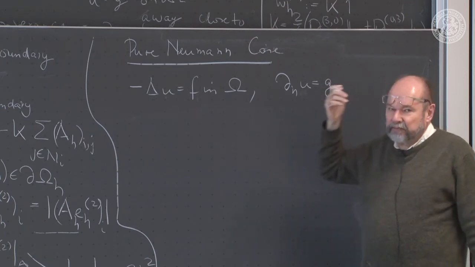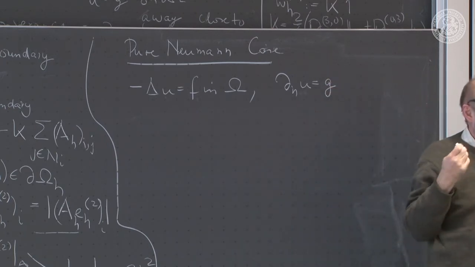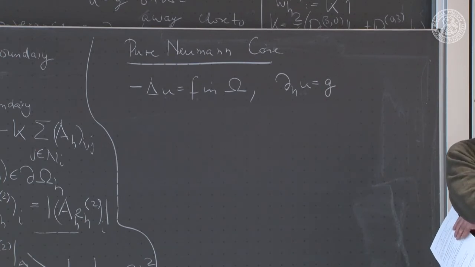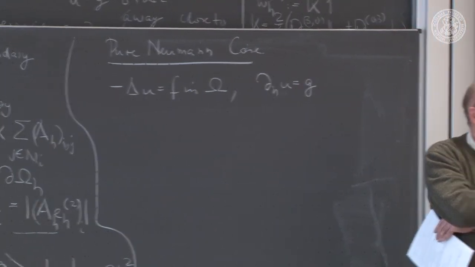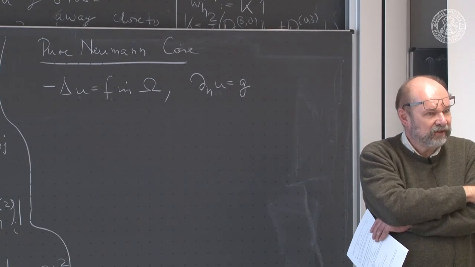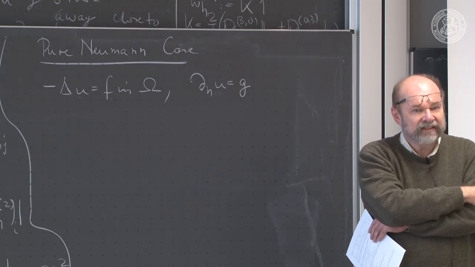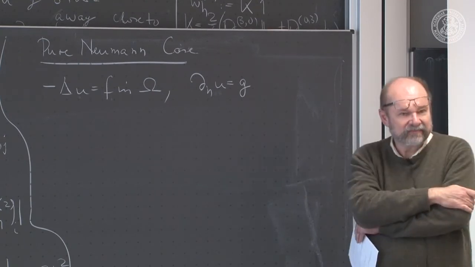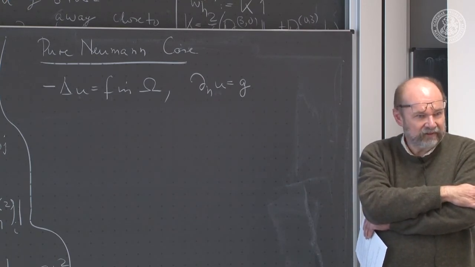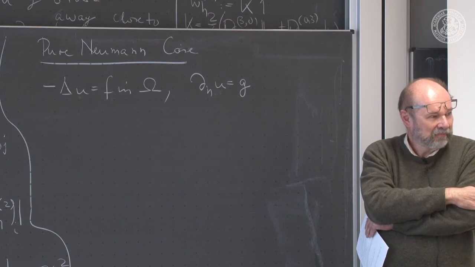And we say this process has a stationary solution. What does your physical imagination say? Do you think this is always possible for every choice of f and g? A distributed source and an influx described by g. Always a solution or not always?